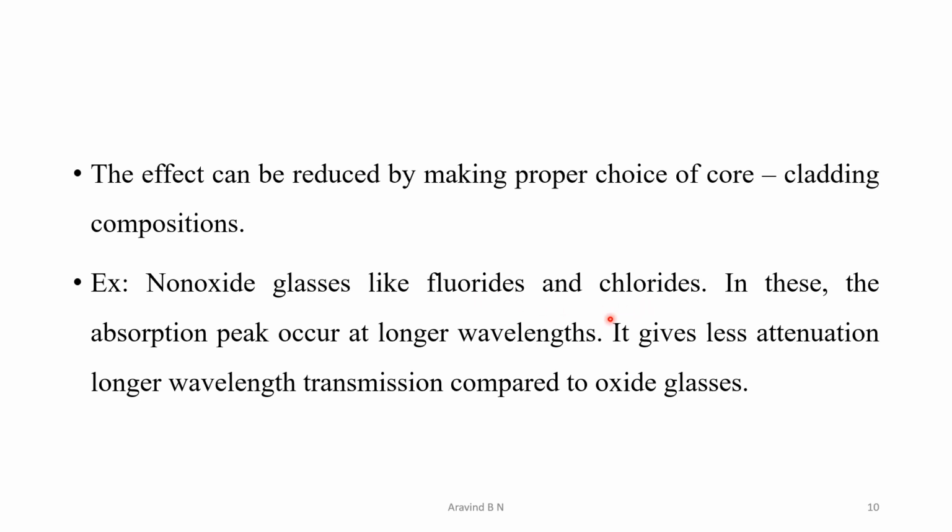In both of these, the fluorides and the chlorides, the absorption peak occurs at longer wavelengths. Therefore, we can make use of these longer wavelengths for transmission purposes, which is going to have lesser attenuation when compared to the oxide-oriented glass structures.